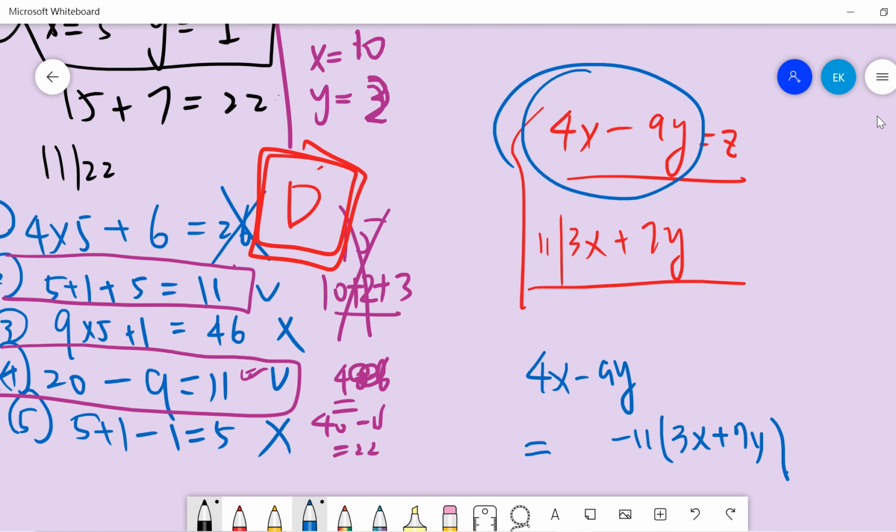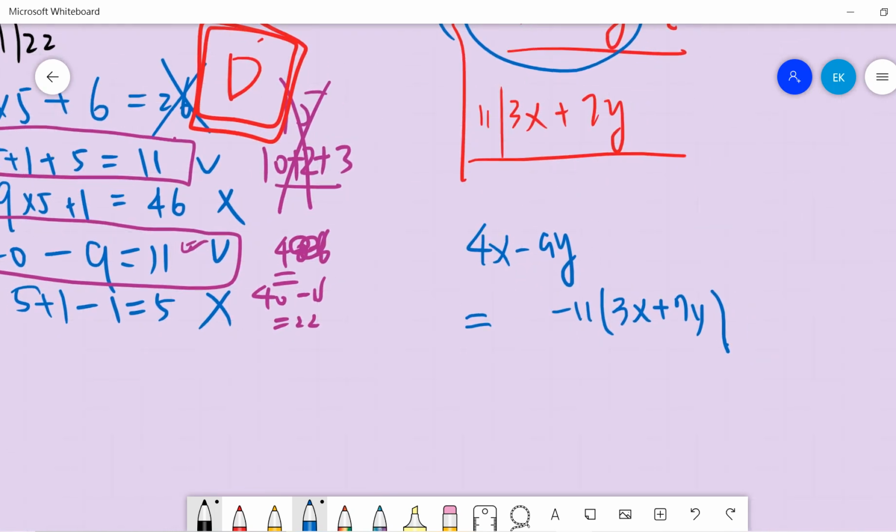This is the difficult part: you need to somehow shuffle the coefficients of x and y, and see whether you can change it into the correct form.